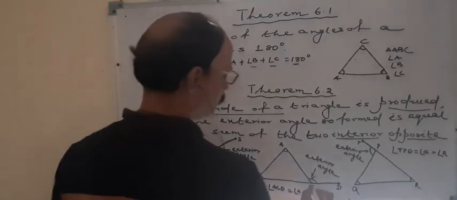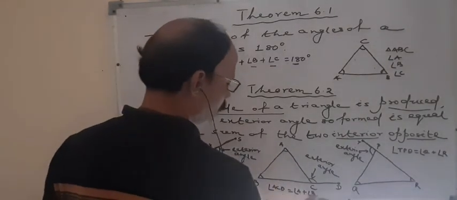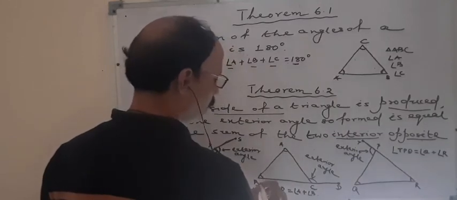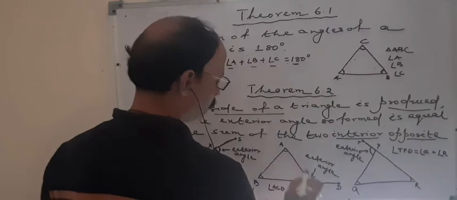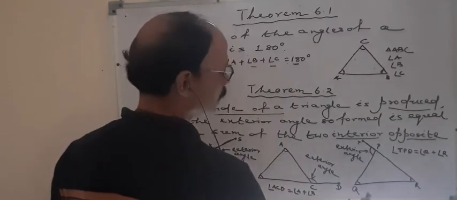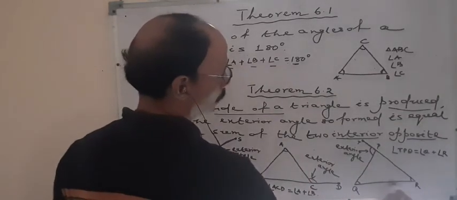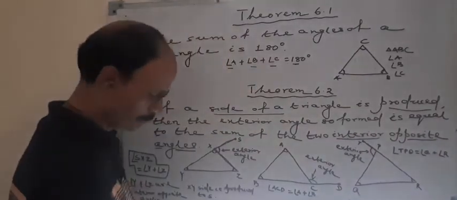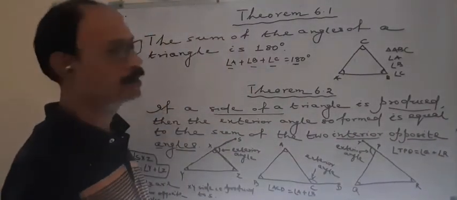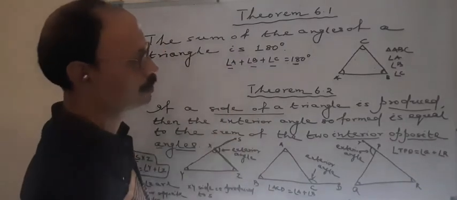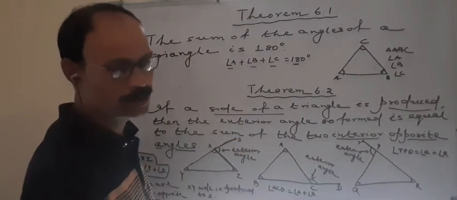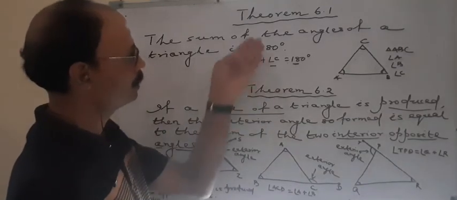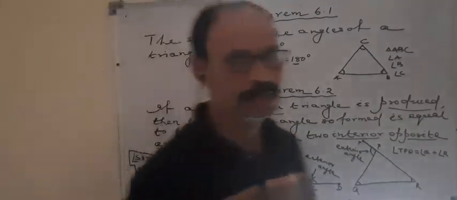Okay, like this here, A and B are interior opposite angles. Like this, Q and R are interior opposite angles. So this is all about theorem 6.1 and theorem 6.2. Now let's proceed for exercise, and there will be the application of these two, 6.1 and 6.2.